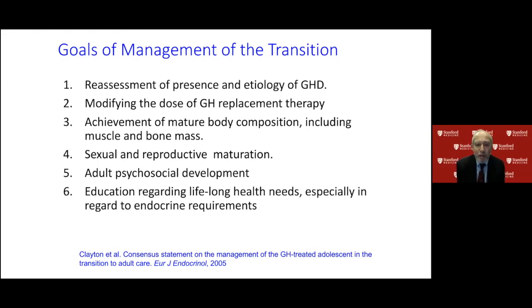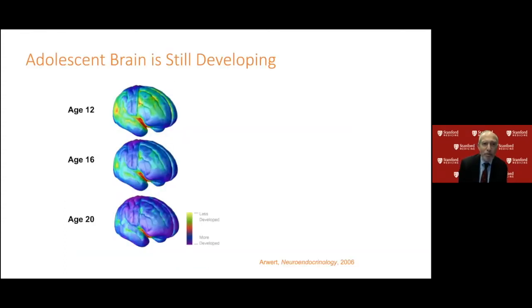We also have to be cognizant of changes in their psychosocial development. And it's very important that both the pediatrician and the adult doctor educate the patient concerning their lifelong health needs, especially in regard to these endocrine requirements.